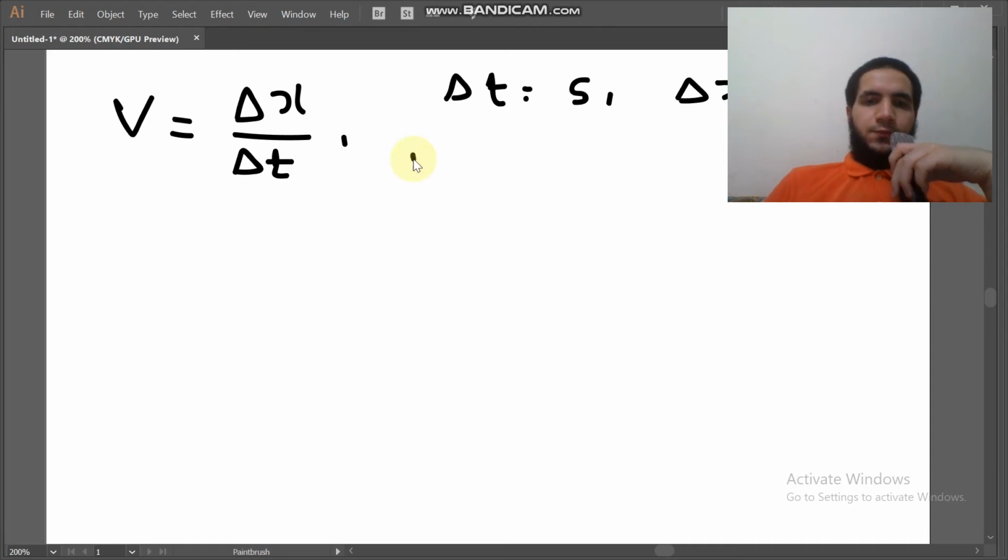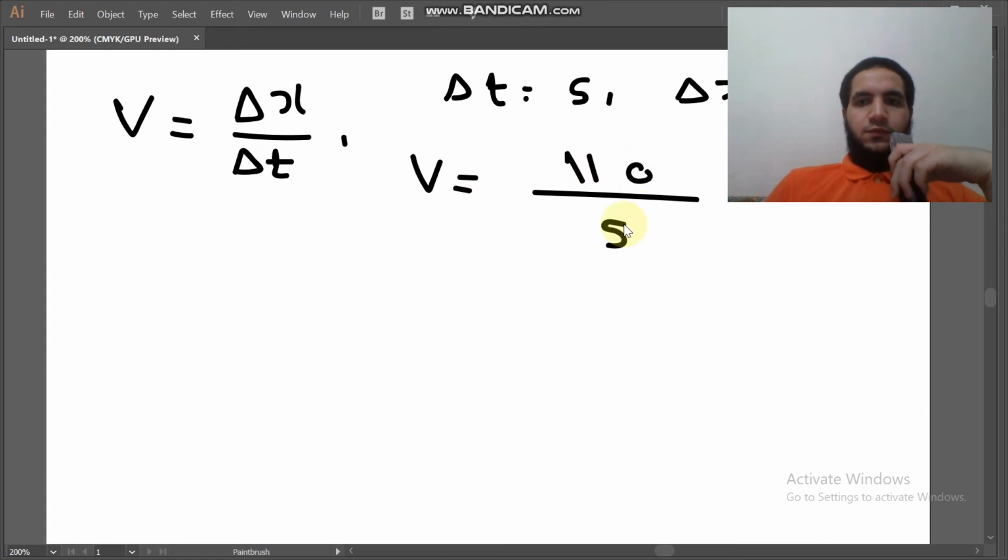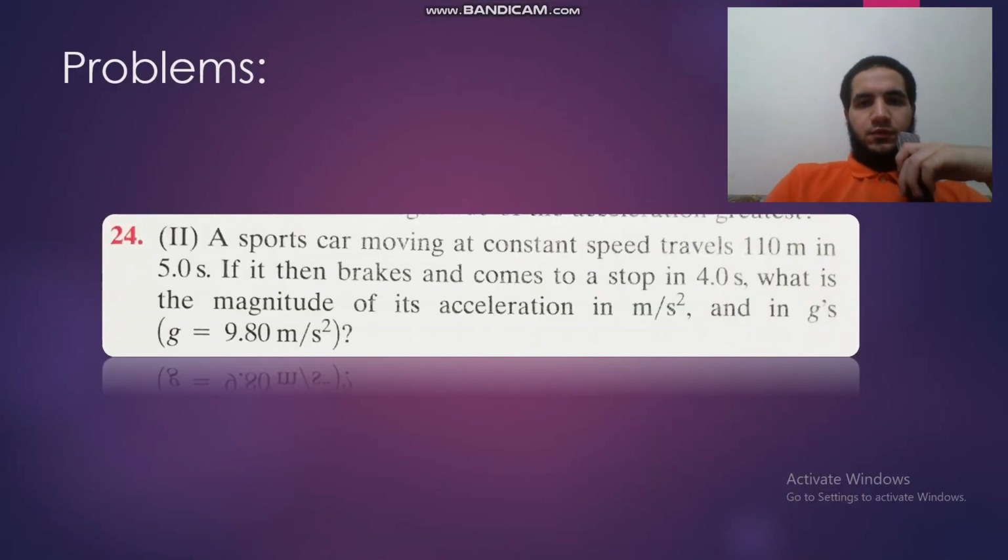So v will be 110 over 5 equals, I think, 55 meters per second, right?